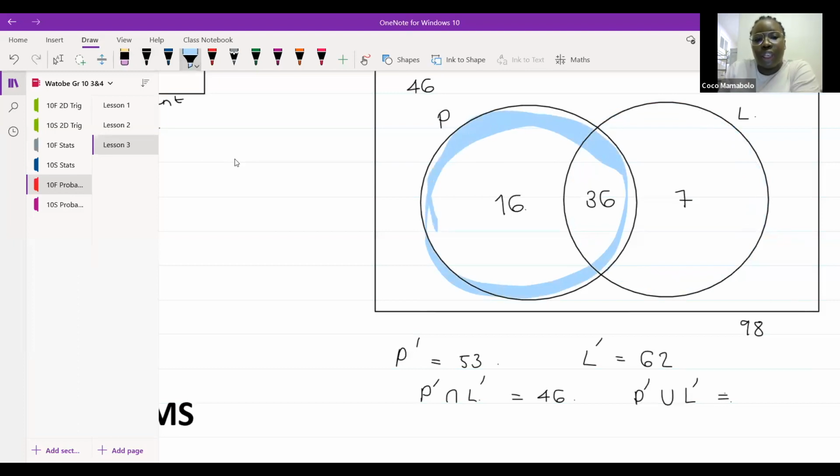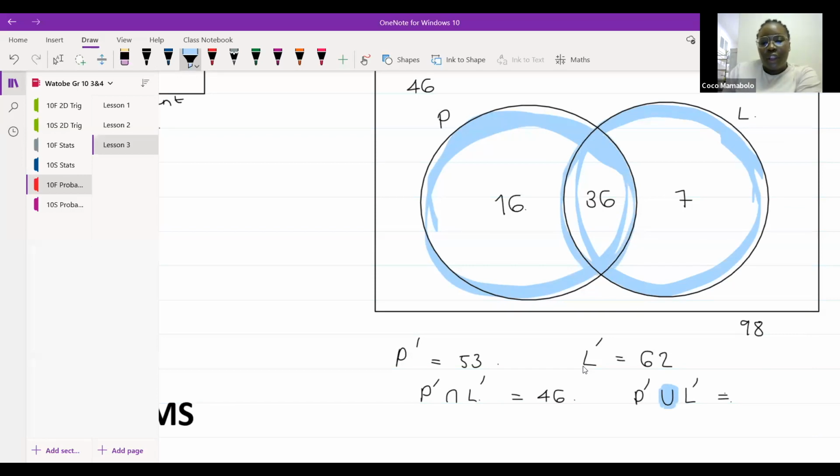With the union, I'm seeing a lot of hands and I'll take your hands just now. So the complement of physics union with the complement of life science. Now the problem with this particular one is that this union is actually telling us that it's this part that they will have in common in the middle.